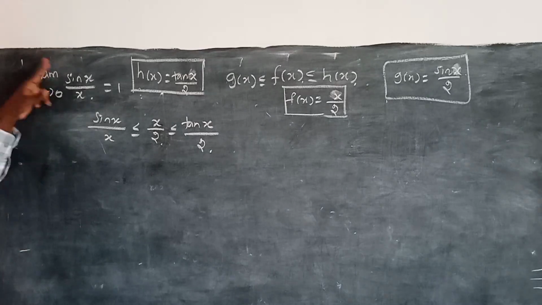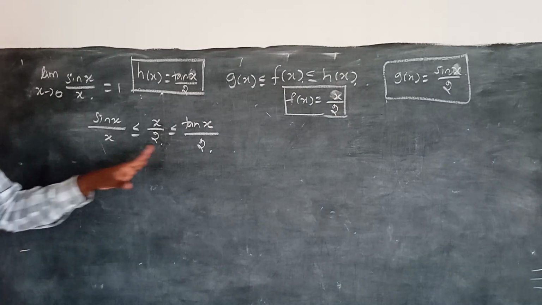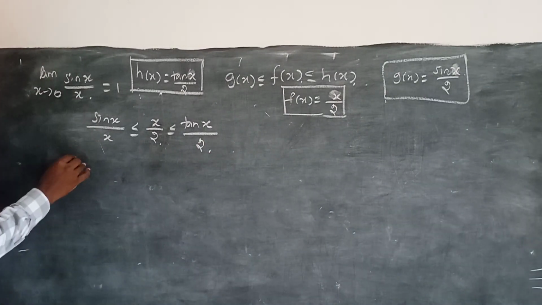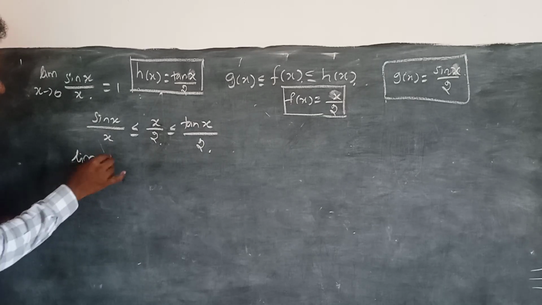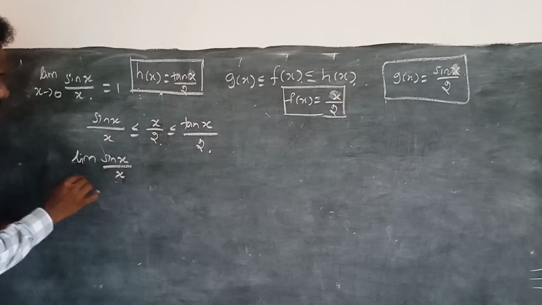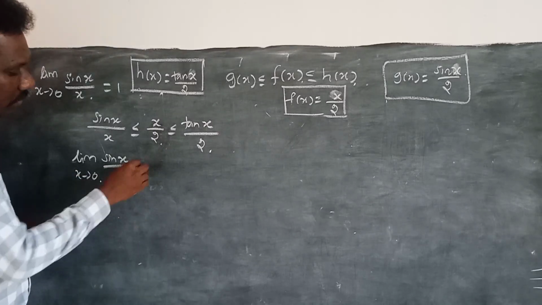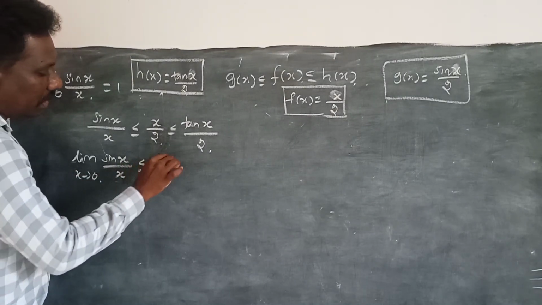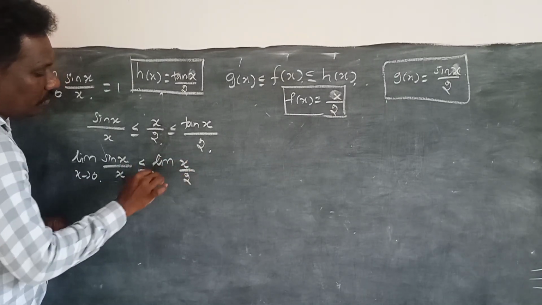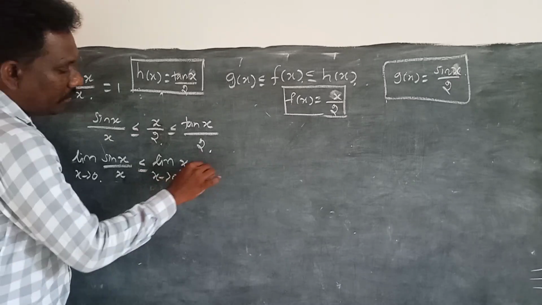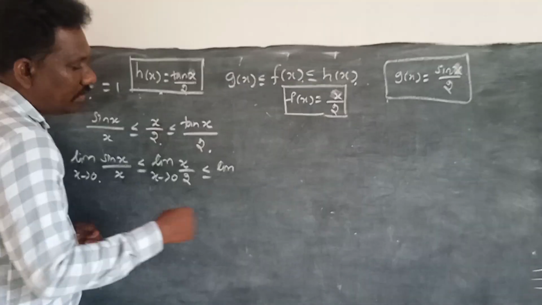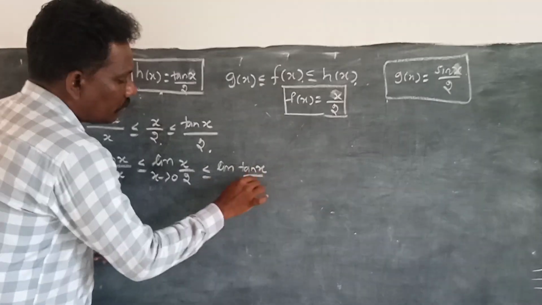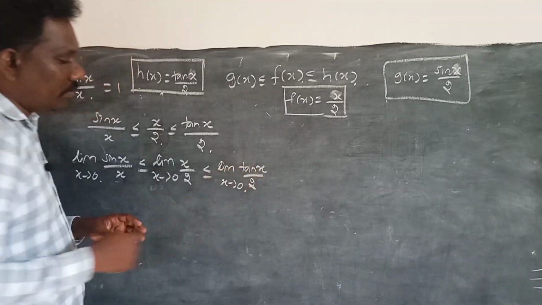So I need to apply limits as x tends to 0 to all the functions. So I take the limit of sin x over 2 as x approaches 0, which is less than or equal to the limit of x over 2 as x approaches 0, again less than or equal to the limit of tan x over 2 as x approaches 0.